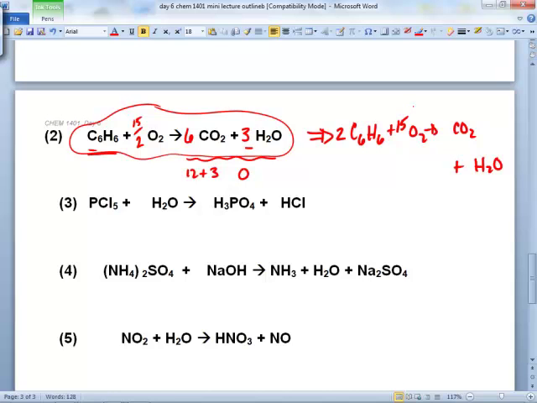And then in front of the carbon dioxide, 12. And the water, everybody see it? 6. That is the best answer you can give. Okay. So it's kind of a trick. Try the other ones.